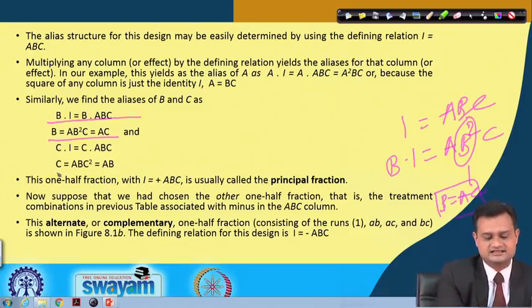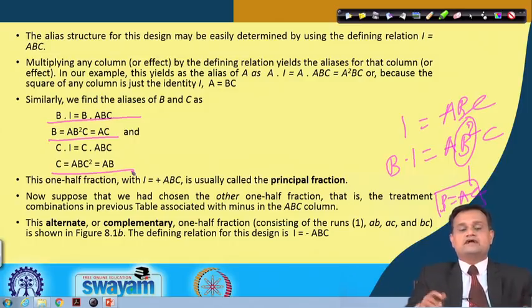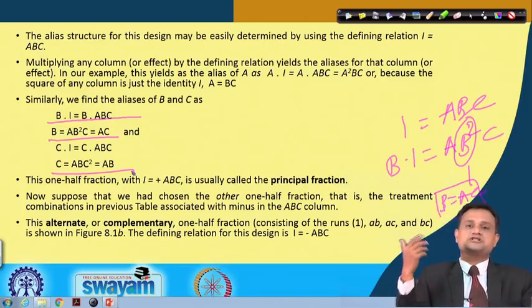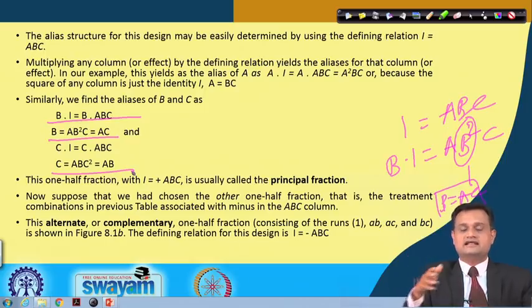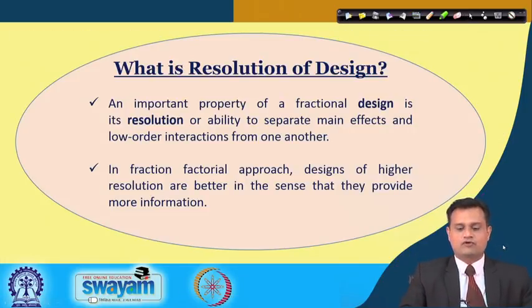B is equal to AC, and similarly C is equal to AB. So these effects are confounded with the main effects, and when I am estimating the main effect, the estimation of this effect is included within that, and there is no need to separately estimate these effects. Thus this is the redundancy in full factorial design that we should try to avoid.